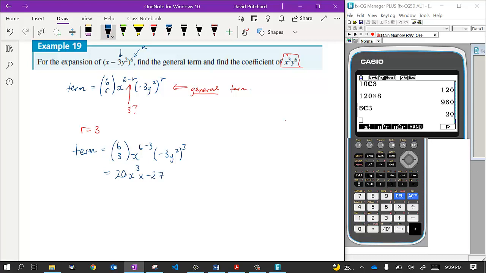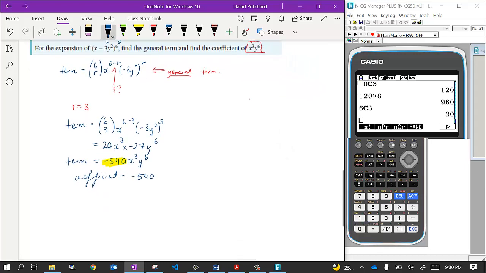Then we've got y squared cubed, which is y to the power of 6. So 20 times 27, so we've got negative 540 x cubed y to the power of 6. And there it is as our term, and this is the coefficient that we're looking for. So that coefficient is negative 540.